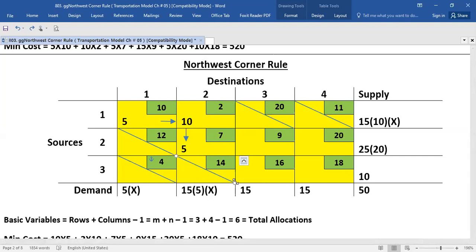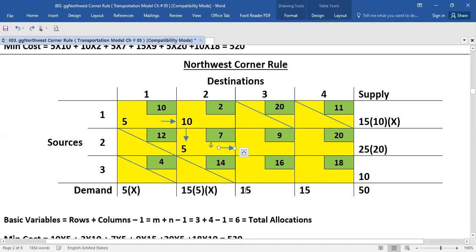So for the next allocation, this is your connected cell, which is blank. So you will move to your right. We put an arrow sign here, and now being on the blank cell, we can see that we have 15 as the demand and 20 as the supply.